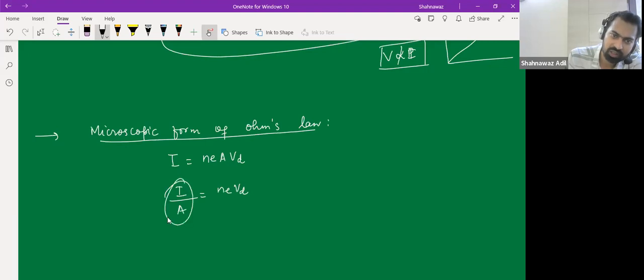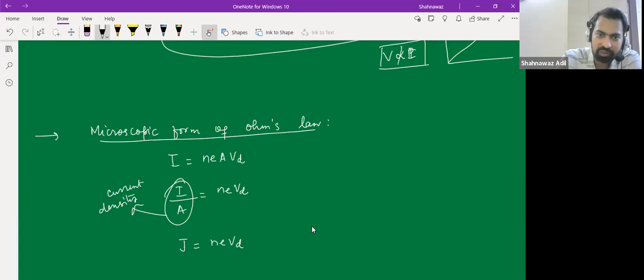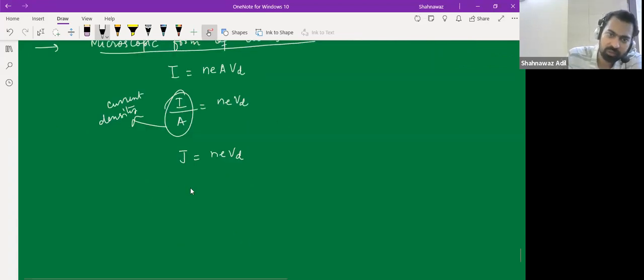This is called the current density, and it is represented by J. So J is Nev_d. Now when we put the value of v_d, this becomes Ne times eE tau by m.